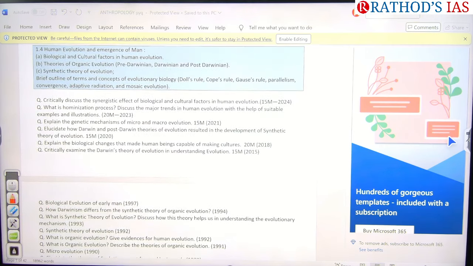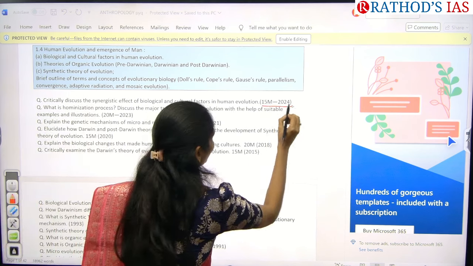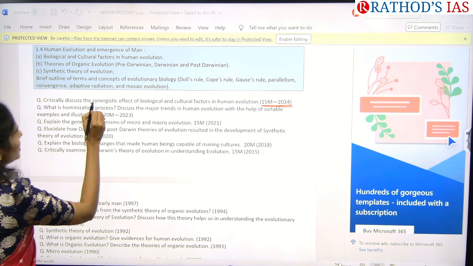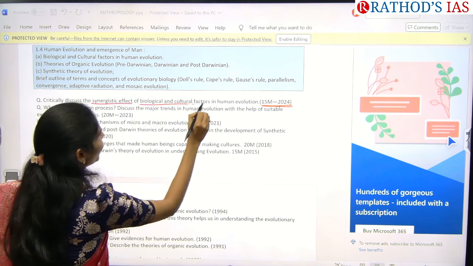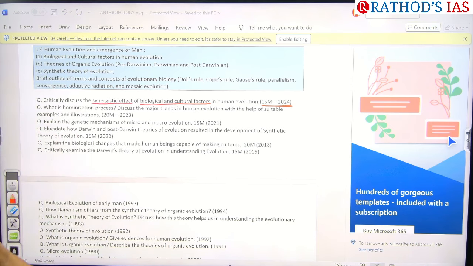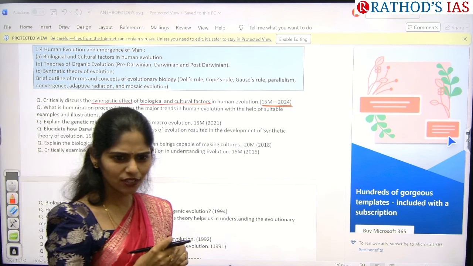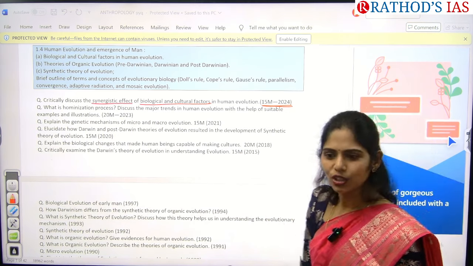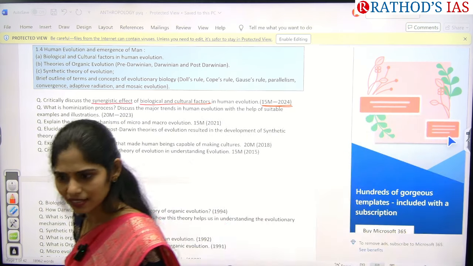Let us read the question: biological and culture with examples. So the same question, can you write just for 200 words now with examples?